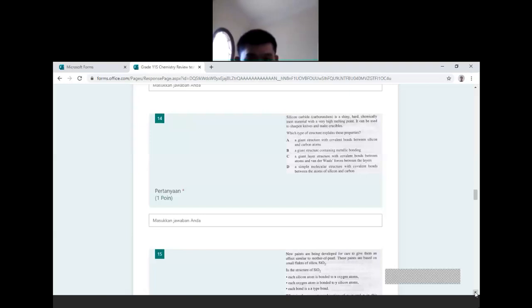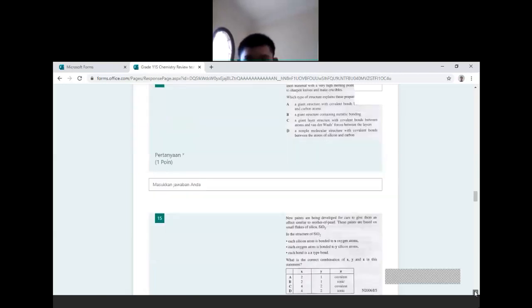Option C, a giant layer structure with covalent bonds between atoms, is not forming layers, and if there are no layers, how can there be van der Waals forces between the layers? And D is a simple molecular structure. It is incorrect because a simple molecular structure would have a low melting point.